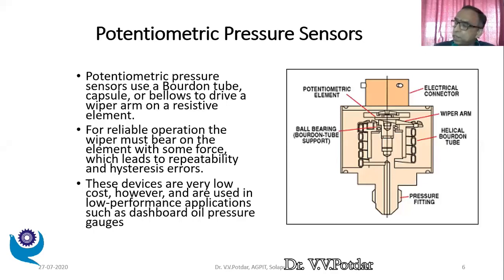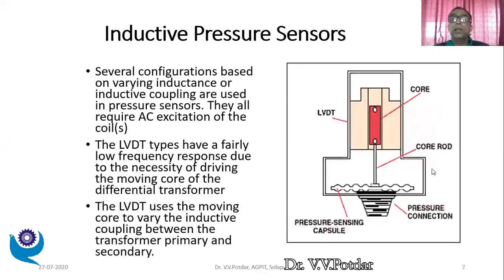Today we shall discuss other types of pressure transducer, that is inductive type pressure transducer. As you can see, this is the pressure source, this is the connecting threading, connector threading, and you have pressure sensing capsule, so to say.